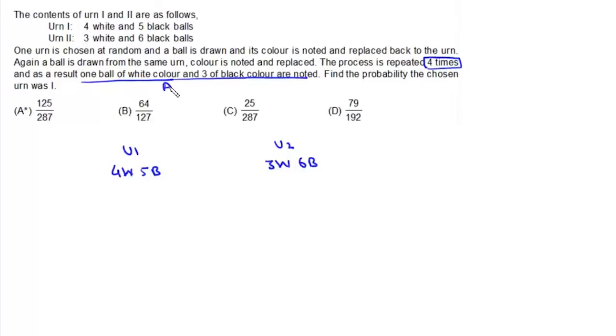Now let this event be A. Now the probability of choosing any urn: the probability of choosing urn 1 will be equal to the probability of choosing urn 2 because they are equally likely, so it will be 1 by 2.